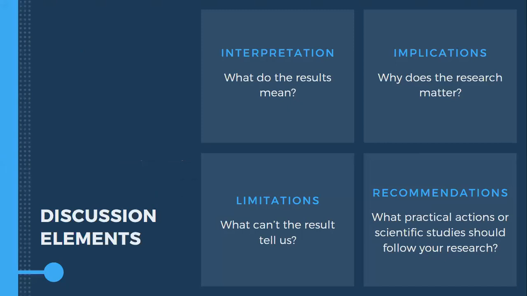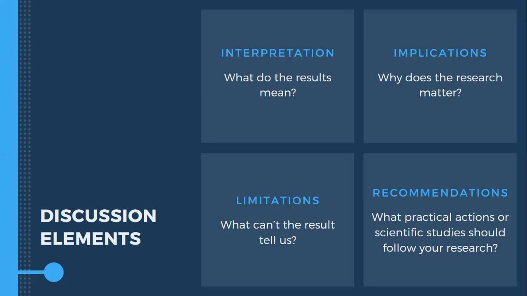Now, there are several elements that constitute a well-developed discussion section, which are interpretation, implications, limitations, and recommendations. Of these four elements, I would say the two most important elements that you have to have almost all of the time are interpretation and implications.